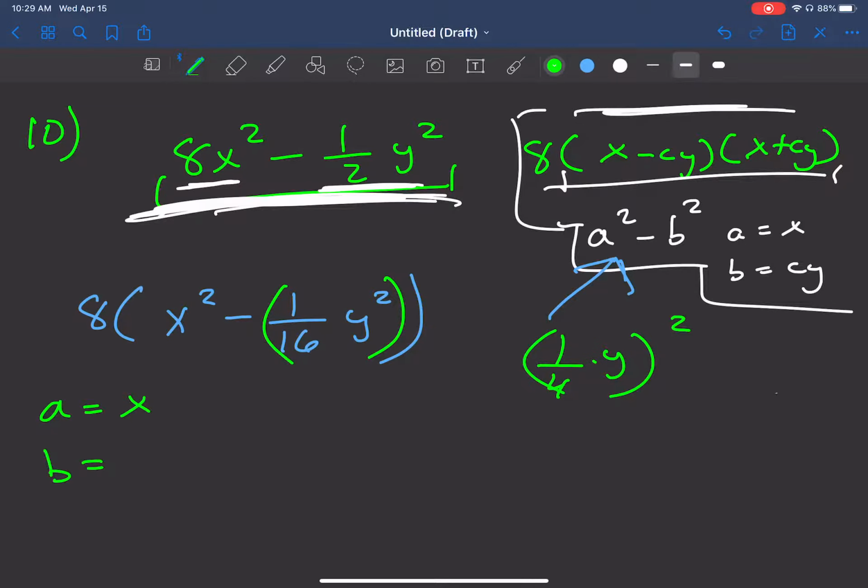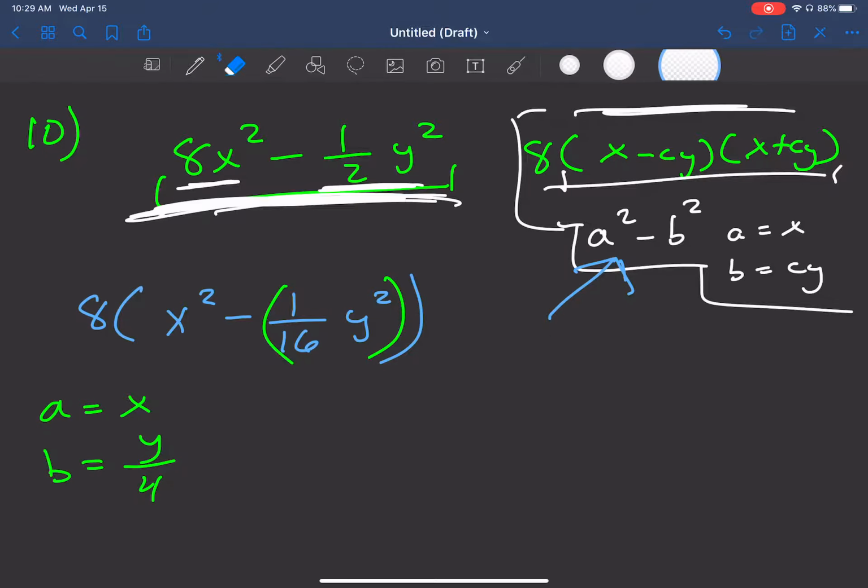What does this become? Well, this is y over 4 squared, or y squared over 16. So if I pull out the 2, I end up getting that. That means that b must be y over 4. So b is y over 4.